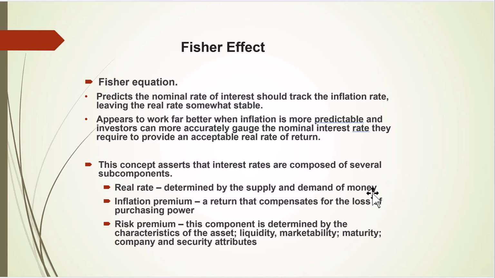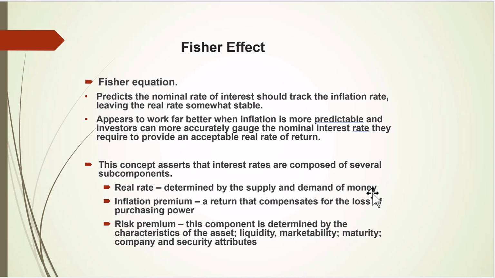Now, this works a lot better if inflation is more predictable, and investors can more accurately gauge the nominal interest rate they require so that they can get an acceptable real rate of return. So that's a pretty long sentence. Basically, look, this works really well if you can predict inflation. What do investors want?